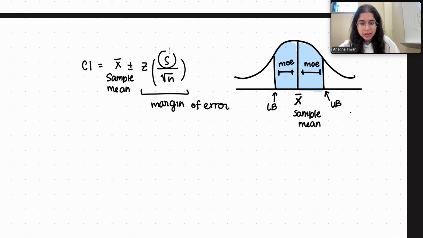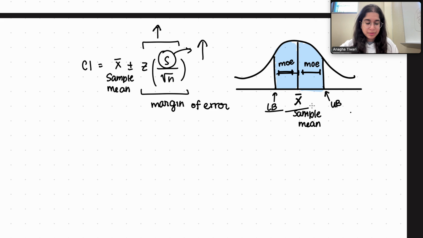This means that the sample standard deviation is larger, and n stays the same, so this fraction will increase, and in turn this margin of error will also increase. So the distance between your lower bound and your sample mean is going to increase. Your interval will widen, because your standard deviation increased.